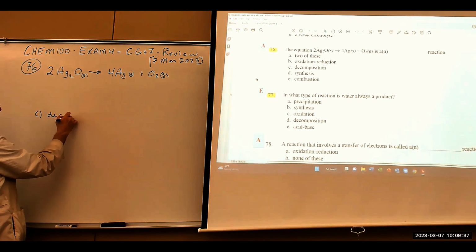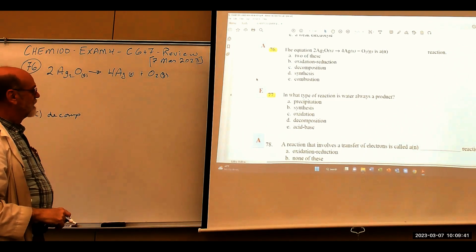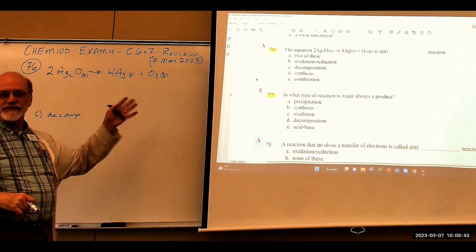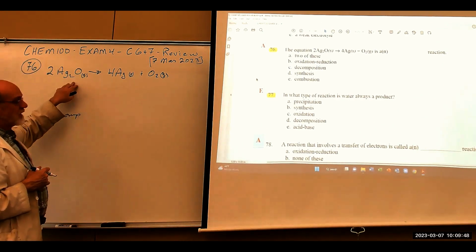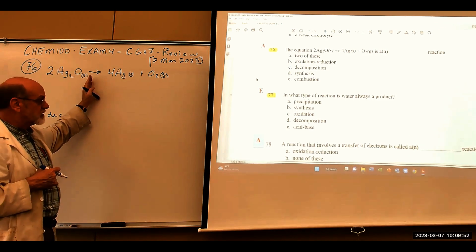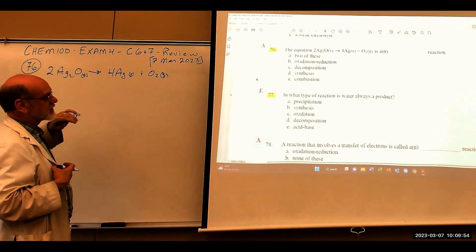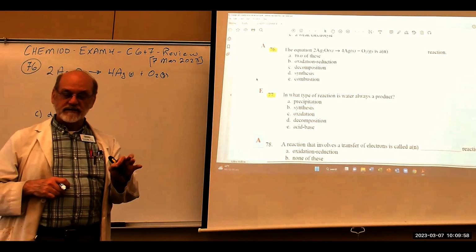It's a decom. Okay, what else is it? It's not a synthesis, that's the opposite of decomposition. It can't be both. Is it a combustion? No, there's no oxygen reactant here. Can't be a combustion. How about oxidation reduction? Remember the trick I gave you.